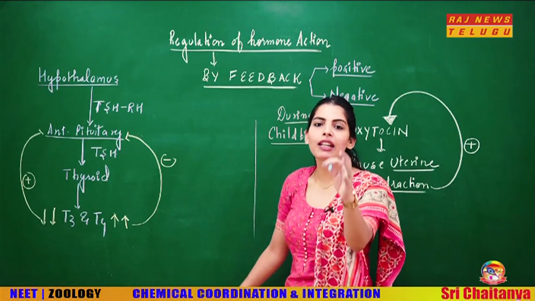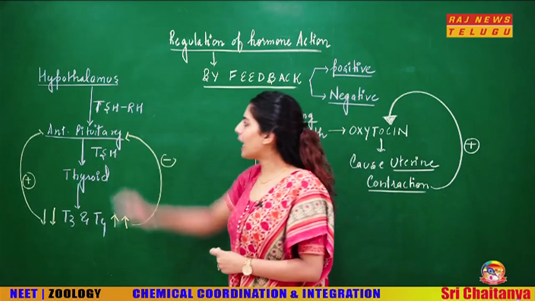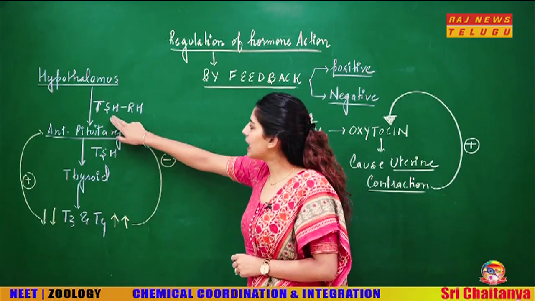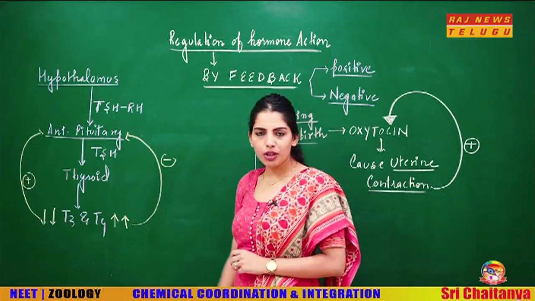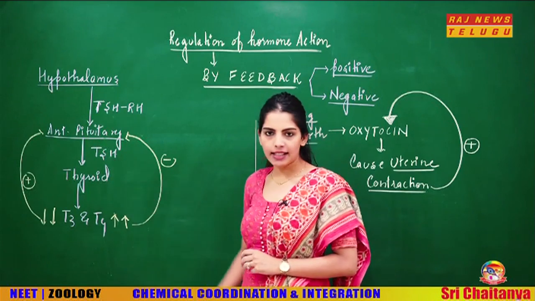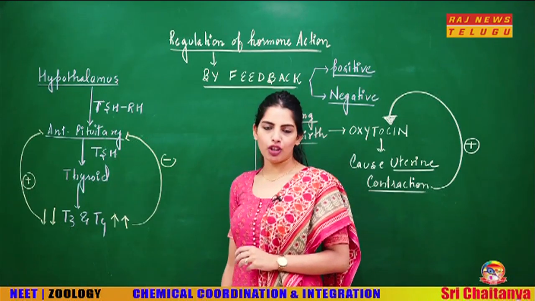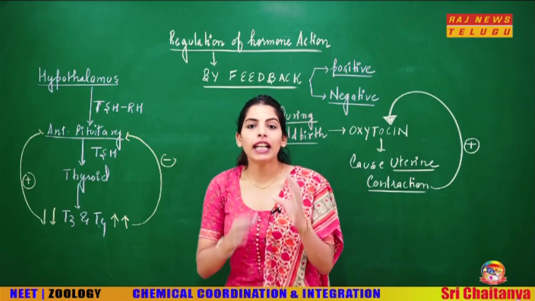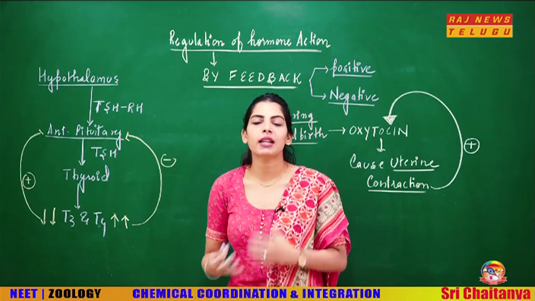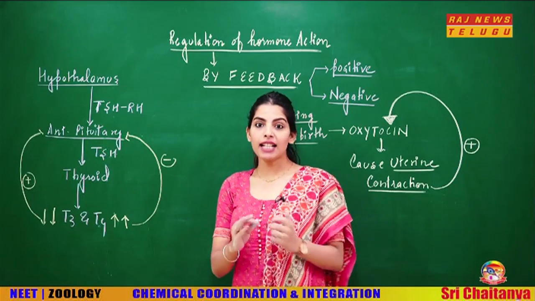Let me tell you in brief, like your hypothalamus produces the hormone TRH, that is going to act upon your anterior pituitary, which releases TSH, that is going to act upon your thyroid, that releases T3 and T4. Now, how is the regulation of T3 and T4 taking place? By feedback mechanism.